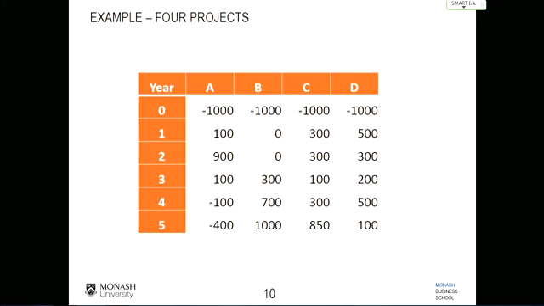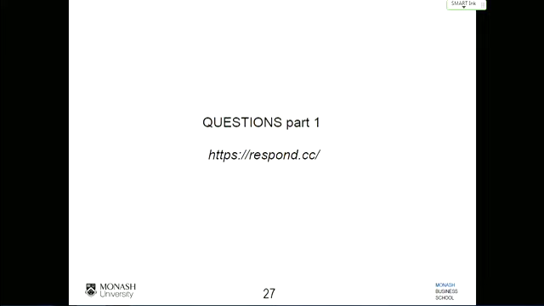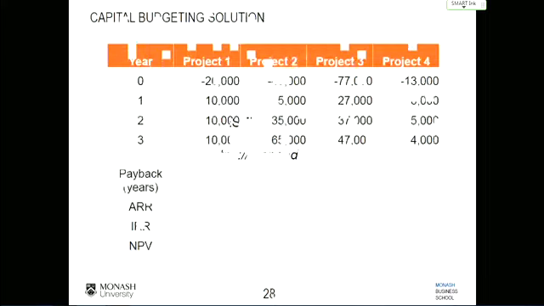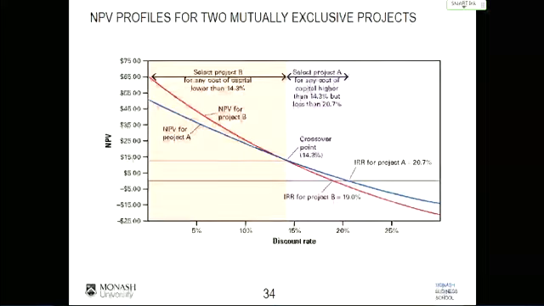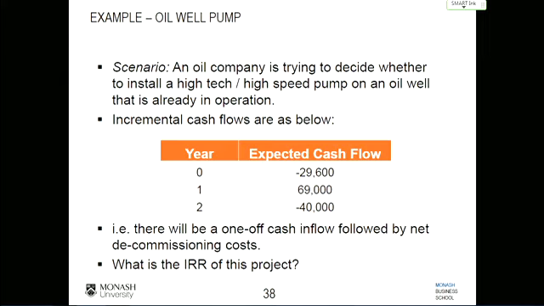And if it is unconventional, we are going to have multiple IRRs. Okay? And when there are multiple IRRs, you don't really know which one you are going to pick, right? You don't really know whether you should pick the lower one or the upper one.